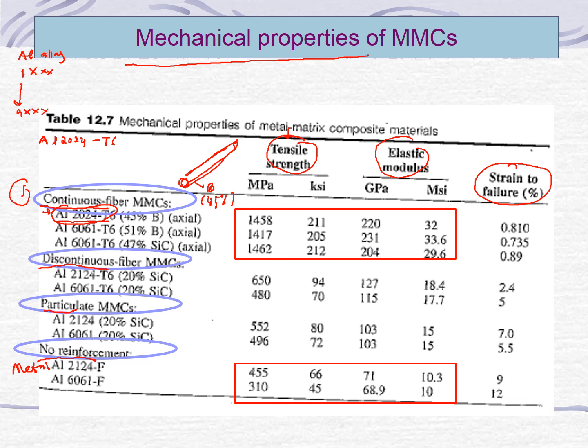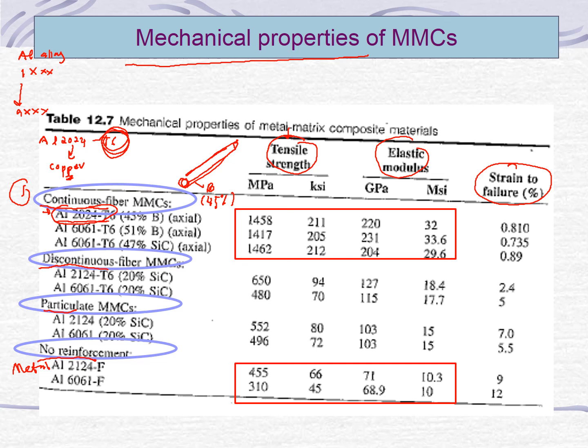The series number depends on the major alloying element in that alloy. For the 2000 series, the major alloying element is copper. And T6 is the heat treatment process for this alloy.